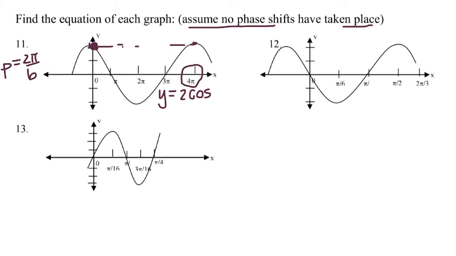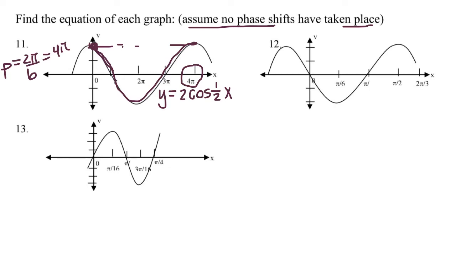Because again, cosine is going through its cycle. So I know 2 pi over b for this particular problem had to be equal to 4 pi, and just like earlier that we saw, we would have to have a 1/2 for our b value, and so it looks like this might be y equals 2 cosine 1/2 x.